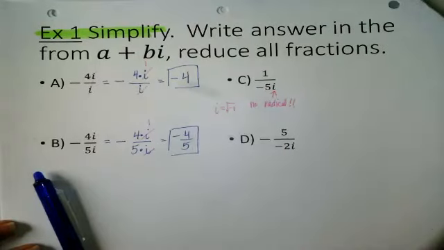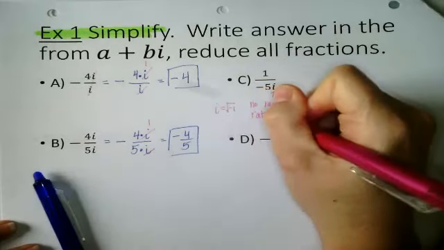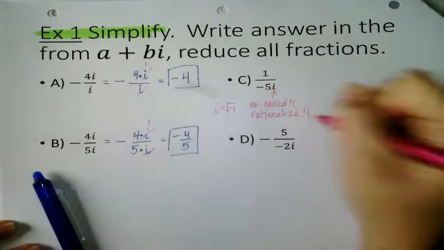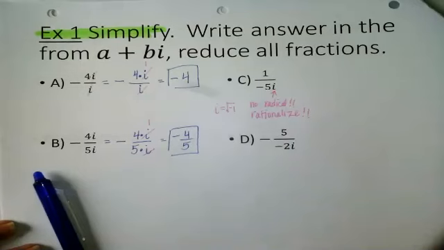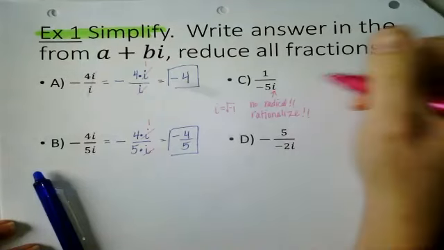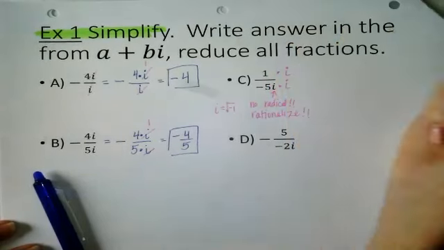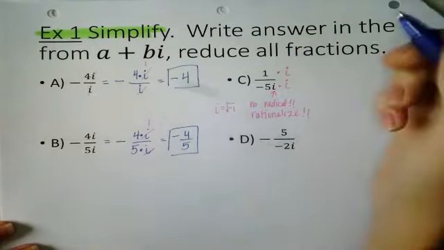And remember from before when we were working with radicals, we weren't allowed to have a radical in the denominator. So I need to rationalize. You thought you were done with rationalizing, but no, never. The nice thing is we can rationalize pretty easily just by multiplying top and bottom by i. So that's really, really nice.